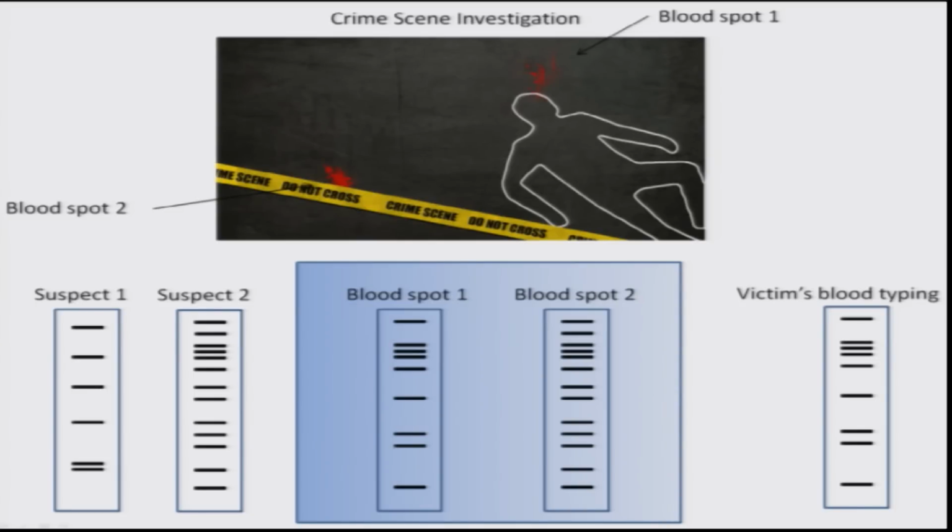Blood spot 1 is already of the victim, so we have to match the blood spot 2 profile with these two suspects. We see that the suspect 2 DNA profile matches almost exactly to the blood spot 2 pattern, which tells us that suspect 1 is innocent and suspect 2 is the one who committed the crime.